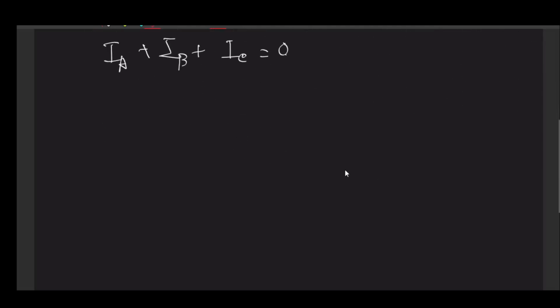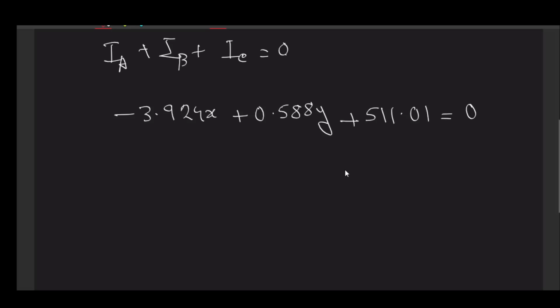So finally what they have written for the real part, by making it 0, is 0.3924x plus 0.588y plus 511.01 is equal to 0. Another component is minus 0.588x minus 3.924y.